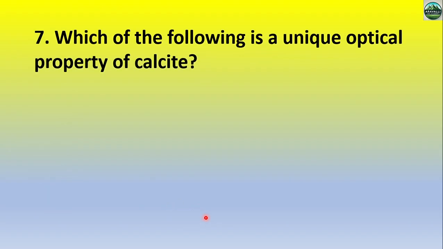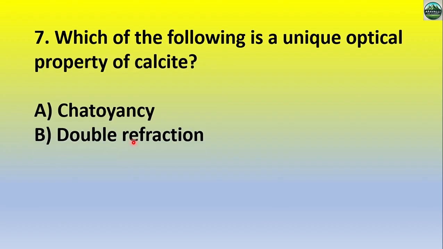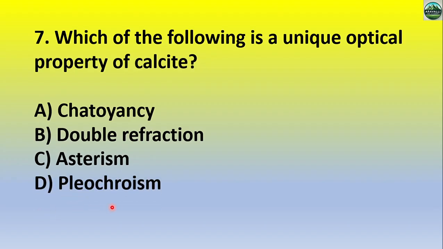Now next, which of the following is the unique optical property of the mineral calcite? Number 1, chatoyancy. Number 2, double refraction. Number 3, asterism. Number 4, pleochroism. So we know that double refraction is the unique property of the mineral calcite.